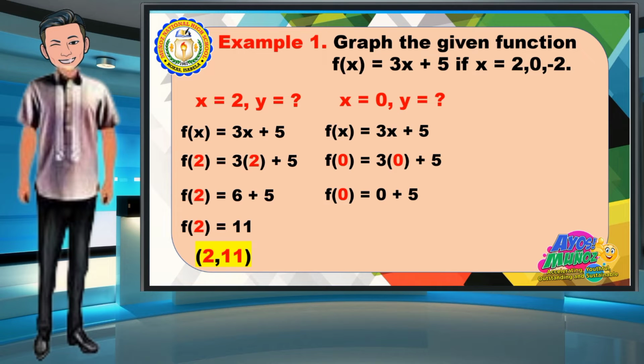And 3 times 0 is equal to 0. 0 plus 5. So the value of f of 0 is equal to 5. So we have the given point, or coordinates, 0 and 5.